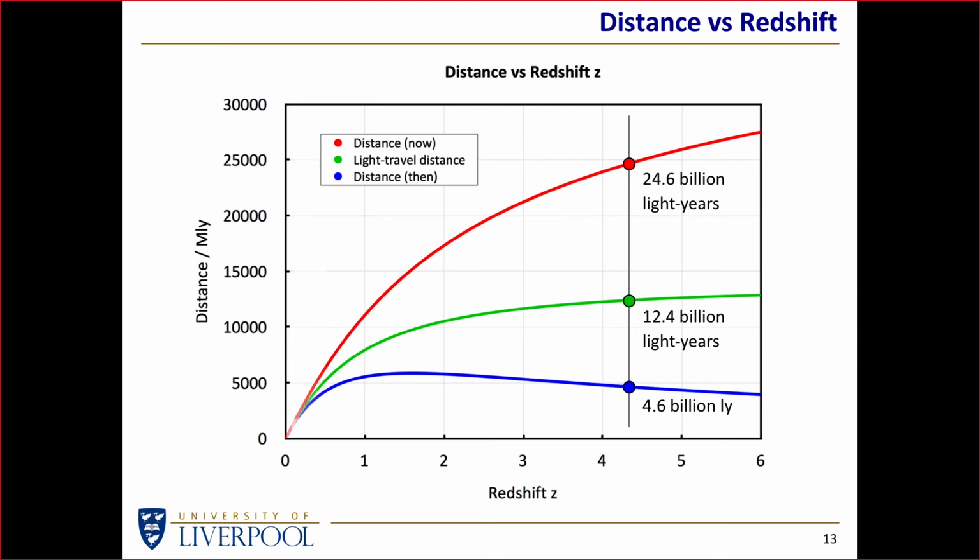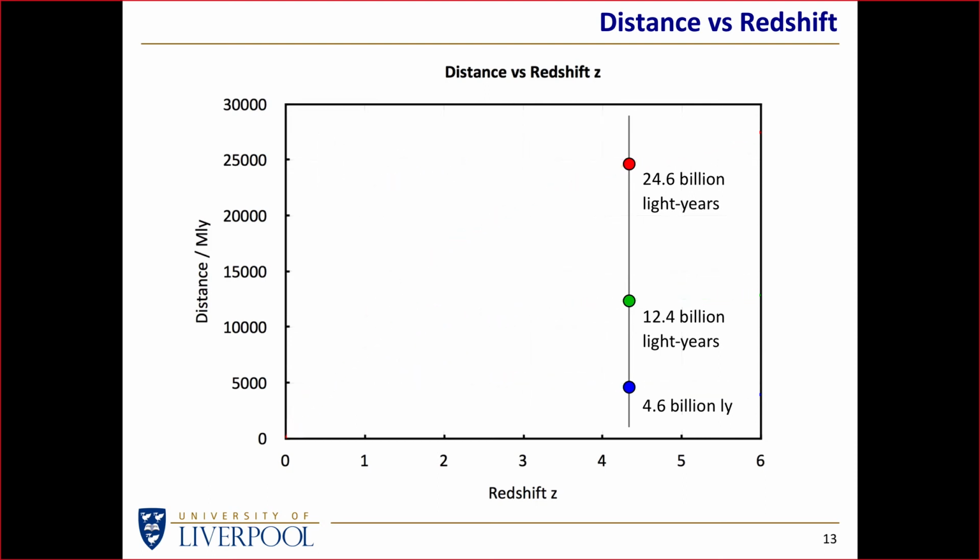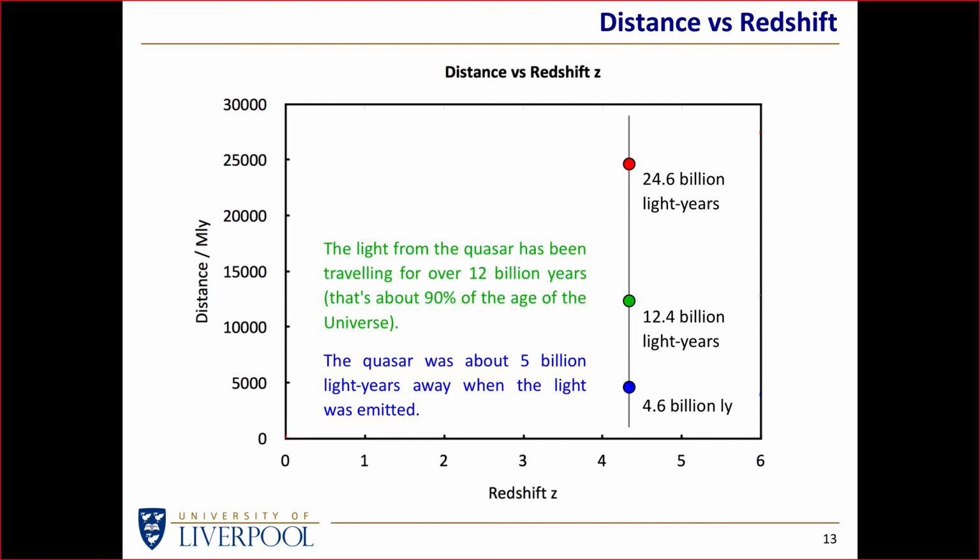Let's just remind ourselves what these three numbers mean for this quasar. The blue tells us that the quasar was 5 billion light years away when the light was emitted that we caught with our camera. The light has been travelling for 12 billion years, and given that the universe is about 13.8 billion years old, that means the light that we've caught here has been travelling for about 90% of the age of the universe.